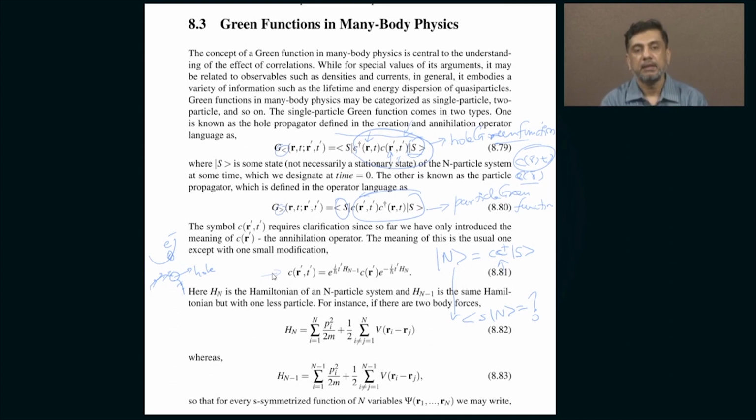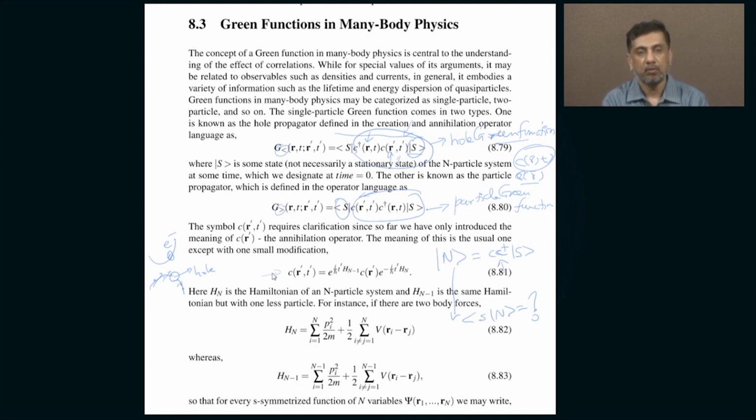If you just think about it, you will not be able to recollect any example in your undergraduate or MSc class where you studied a quantum mechanical system where a particle was actually removed from the system. Of course, you might think of grand canonical statistical mechanics, but that is a statistical system, that is not what I am talking about.